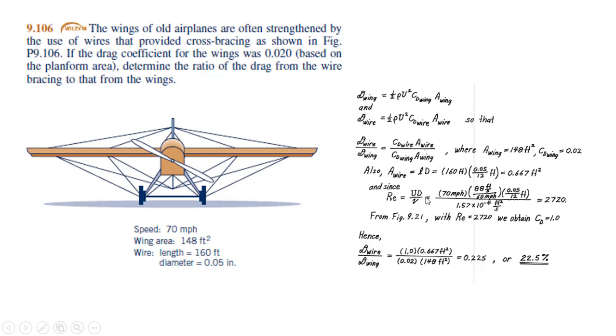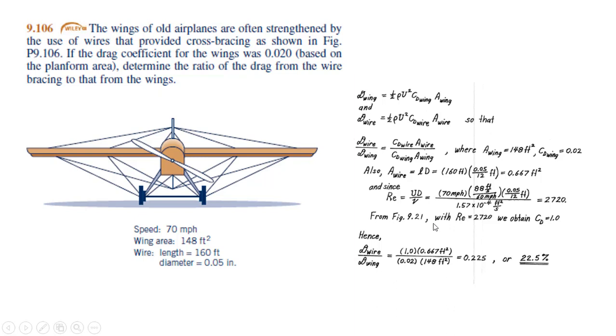For the Reynolds number, u is the speed of the plane, 70 miles per hour, the same for the wire as well. Diameter is the characteristic length of the wire, which is 0.05 inches, and nu for the air viscosity gives a Reynolds number of 2720.